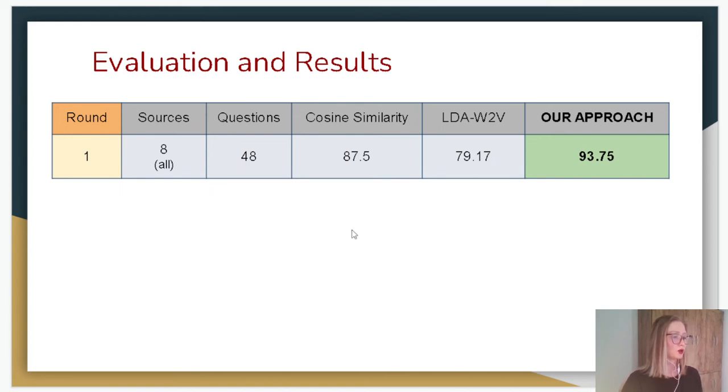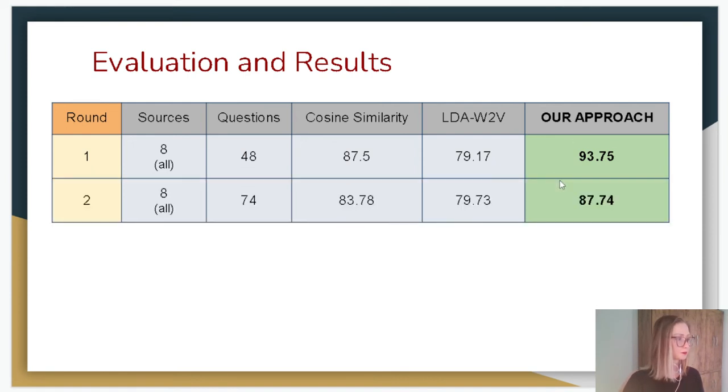And when using only cosine similarity, the accuracy reached 87.5% of the test questions, whereas for LDA word2vec, the accuracy rate reached almost 80%. And when testing our approach that blends the 2 methods, the classification accuracy was quite higher, reaching almost 94%.